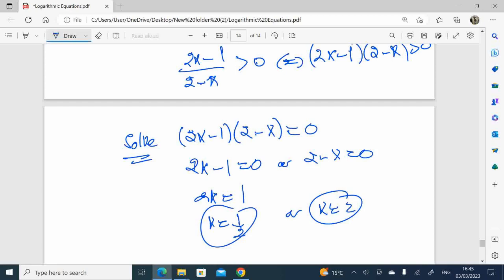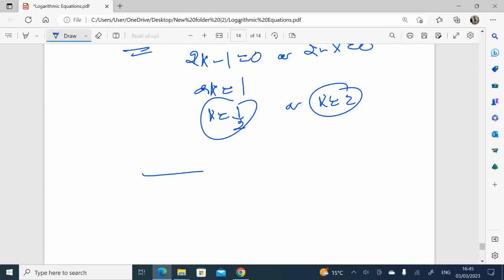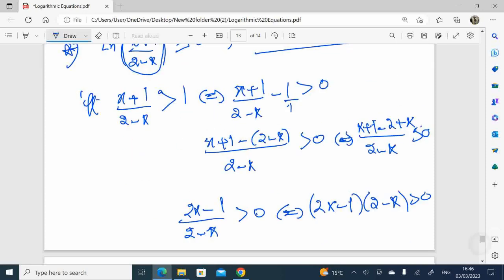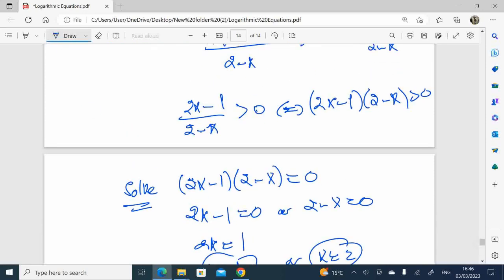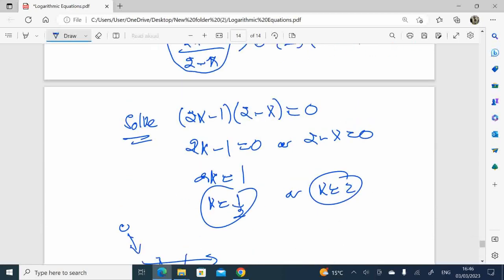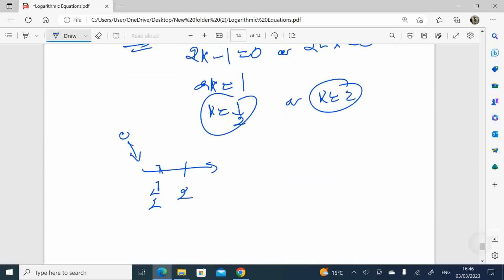So we put them on the number line, formed of 1/2 and 2. If I try 0, below 1/2, in this expression, we are going to have (0−1)/(2−0), which is minus 1/2, which is negative.